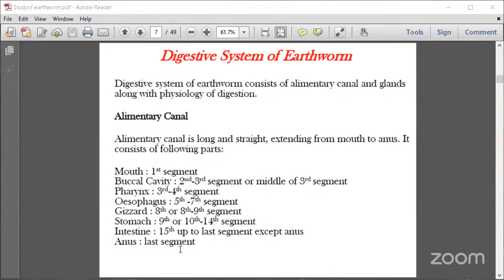Anus is the last segment that comes to the excretory system.